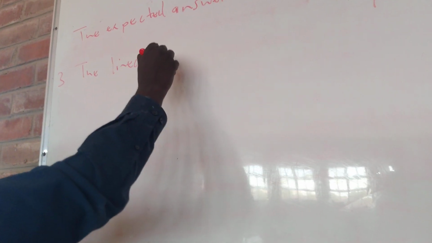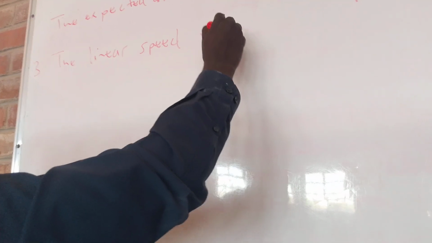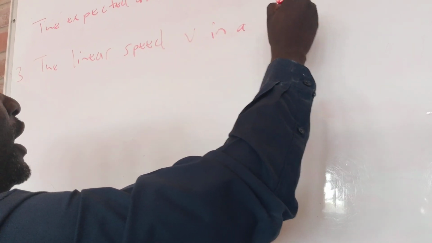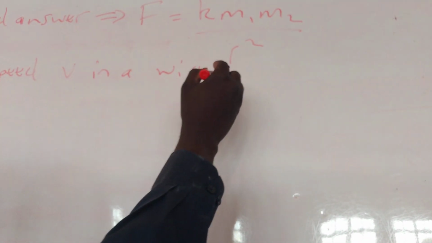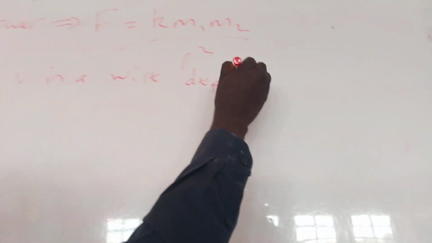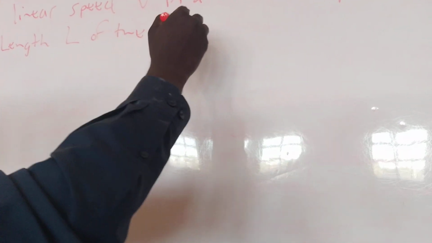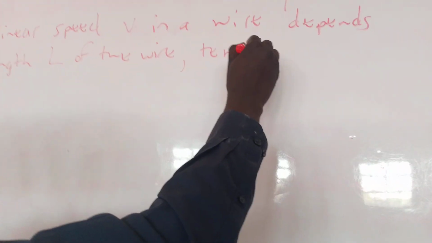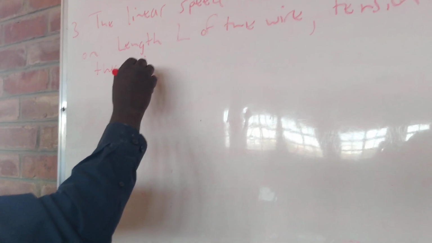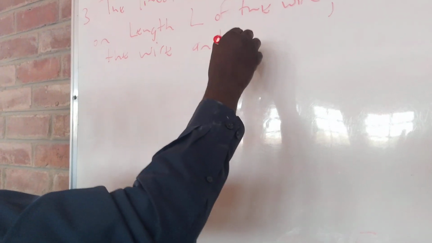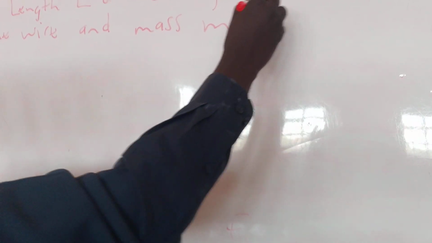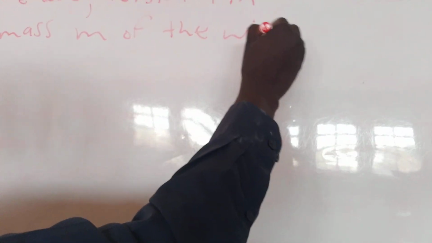The linear speed v in a wire depends on length L of the wire, tension T in the wire, and mass M of the wire.